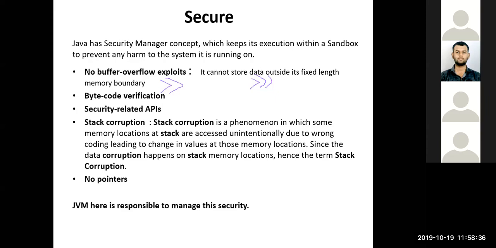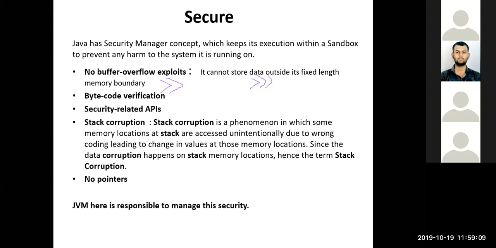So Java has the security manager concept, which keeps its execution within a sandbox to prevent any harm to the system it is running on. So first of all, we are talking about a particular system on which a Java application is running. The Java application runs within a boundary so that it will not harm the underlying operating system or the system.